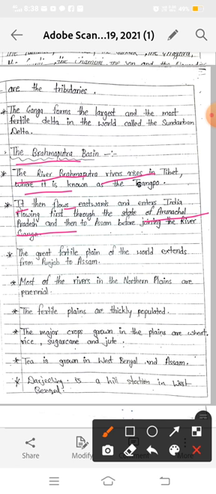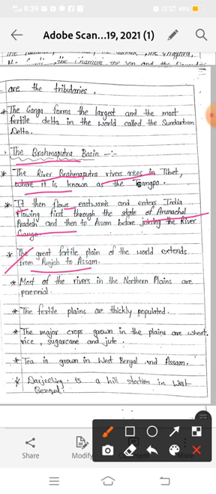Brahmaputra river firstly enters India through the state of Arunachal Pradesh, then flows through Assam, and then joins the Ganga river and meets it in the Bay of Bengal.